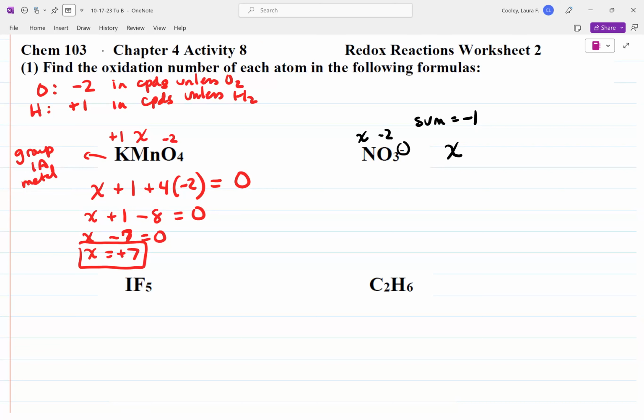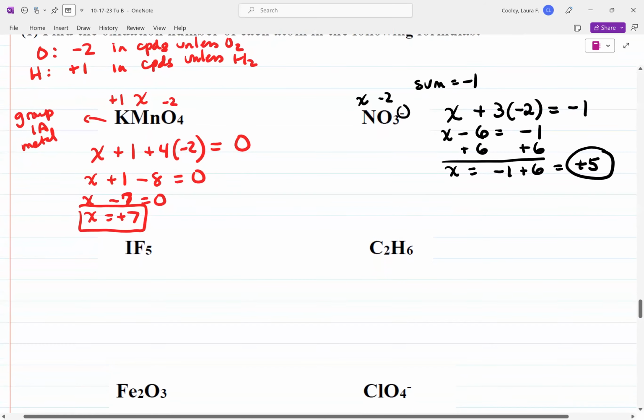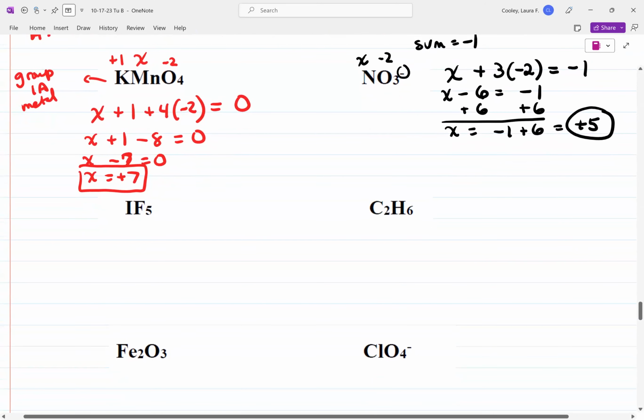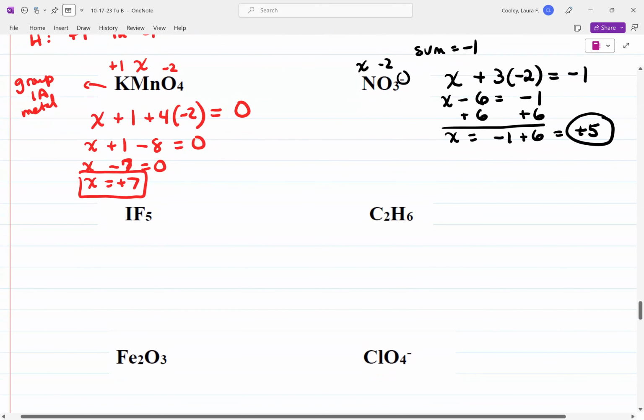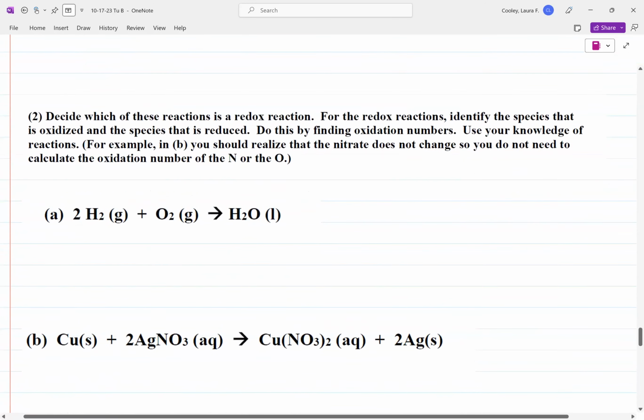X minus 6 equals -1. All right, I'm going to leave this for now. I think we got the hang of that, I hope.